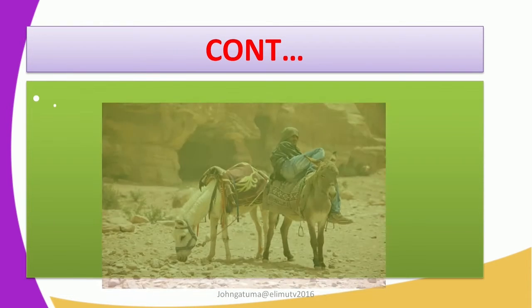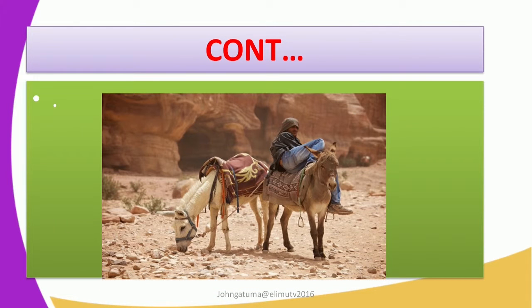Here is a picture of a donkey. This is a donkey, a pack animal that can be used to carry goods over a long distance, for example, by the caravans carrying goods from Nubia to South Sudan. Looking at the animal, it is adapted to harsh conditions.